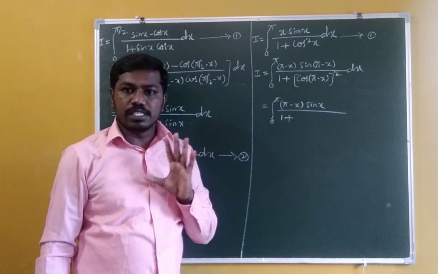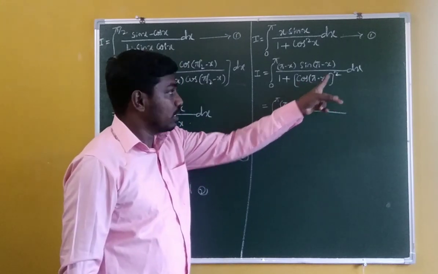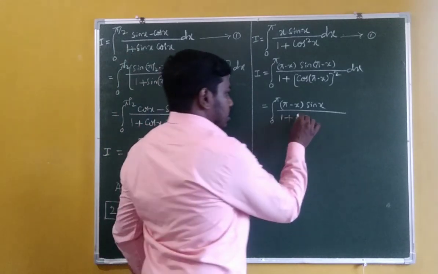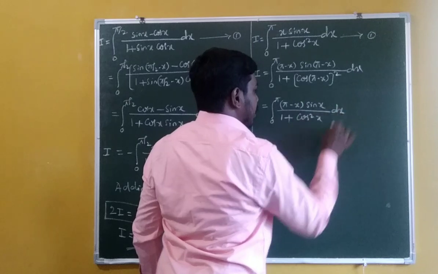In the second quadrant cos is negative, so this becomes minus cos x, but the whole power 2 is there, so it becomes cos squared x, dx.